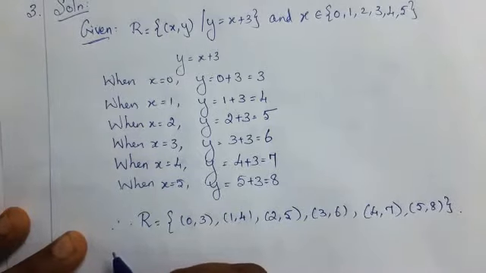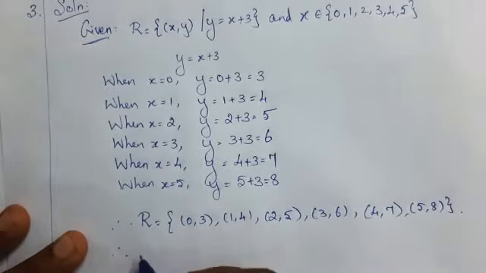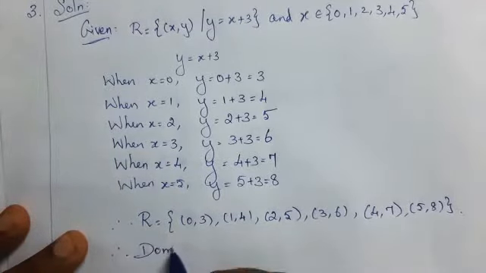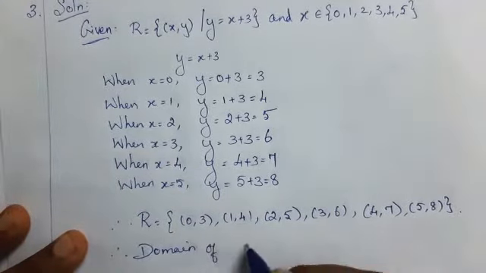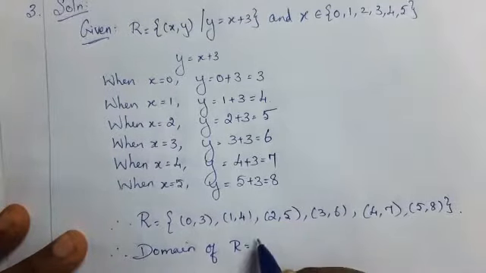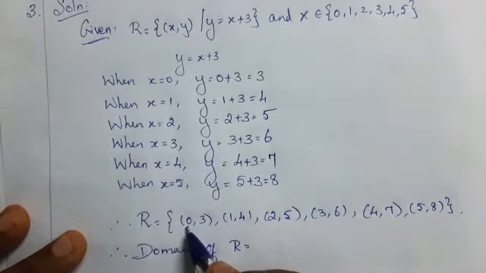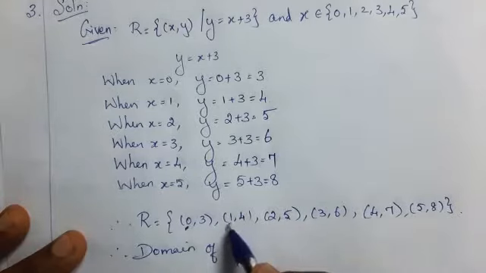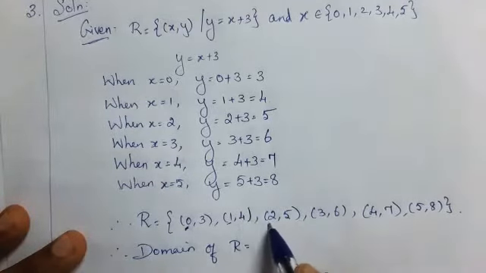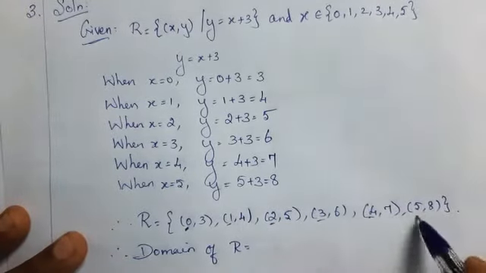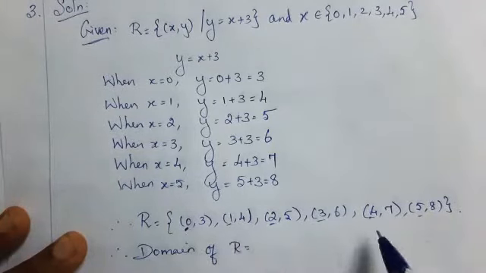Now you find the domain and range. Domain of R is equal to, already I told you, the elements present in the first place, the first element in each ordered pair. First elements: 0, 1, 2, 3, 4, 5.